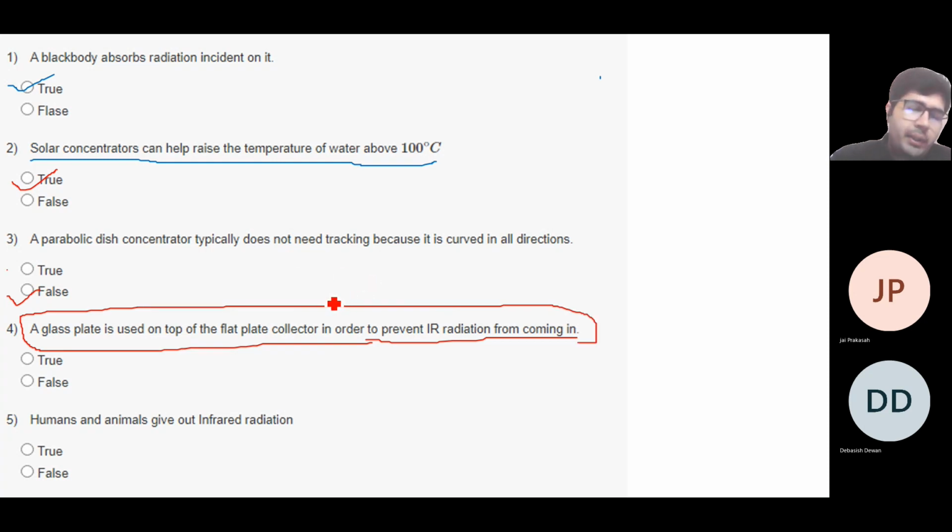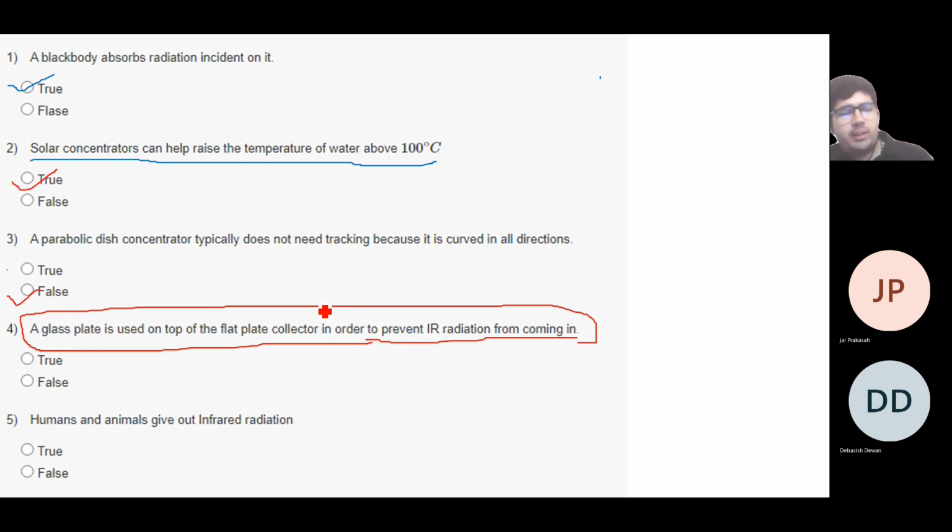In that, I have already explained the role of the glass: glass works the same way the greenhouse gases do for our atmosphere. In a similar way, the glass increases the temperature inside those tubes, and it is used to trap the heat inside the enclosure. So is it true or false?